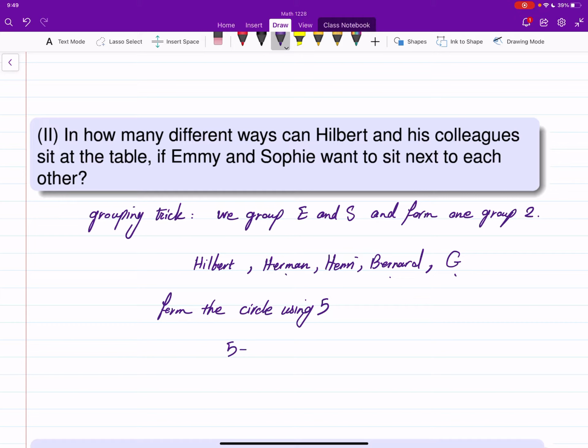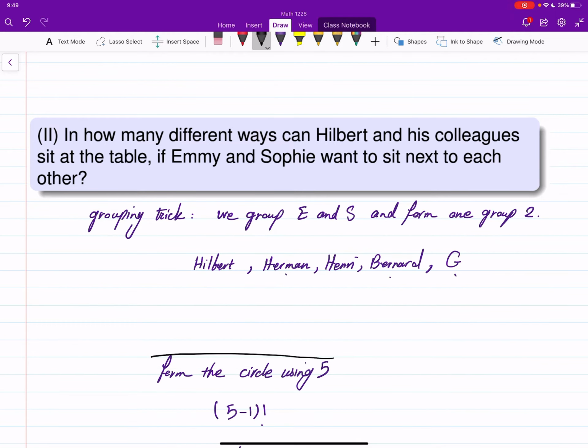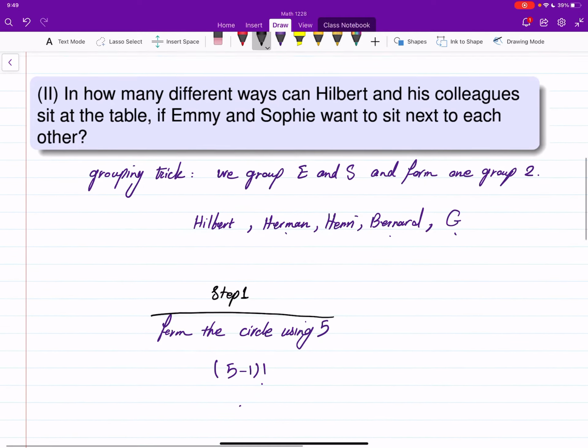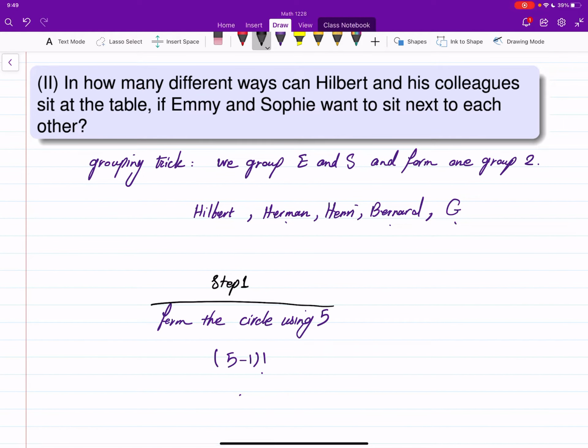So this will give me (5 minus 1) factorial, which is just 4 factorial. But that is just step 1. Step 2 is, okay, now let's go to that group. Is Emmy going to sit to the left of Sophie or to the right?